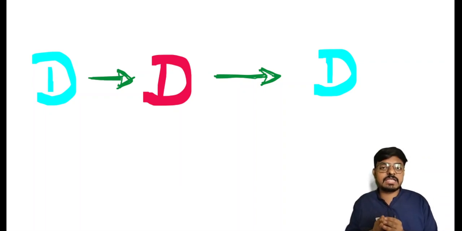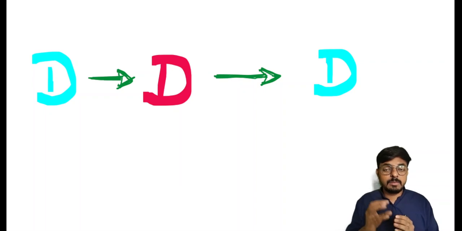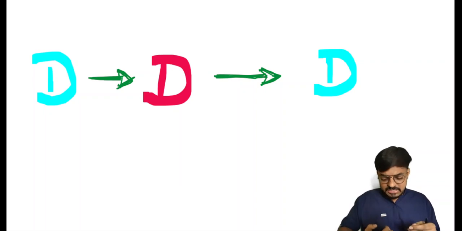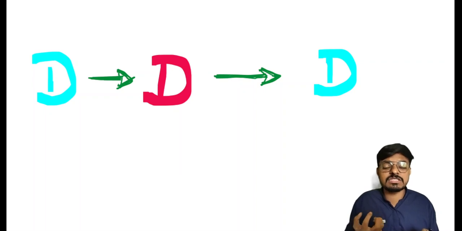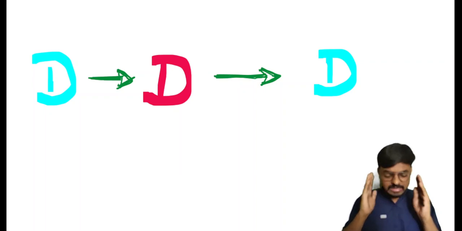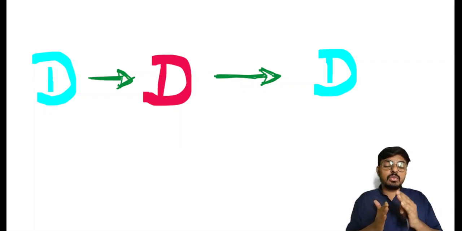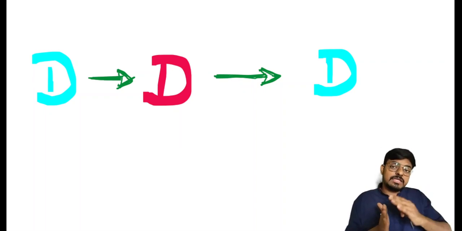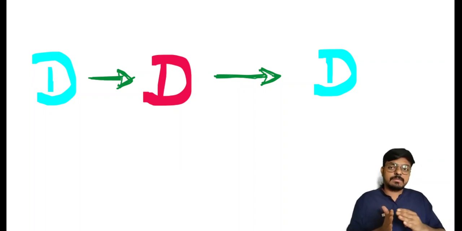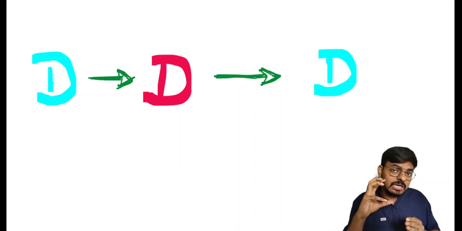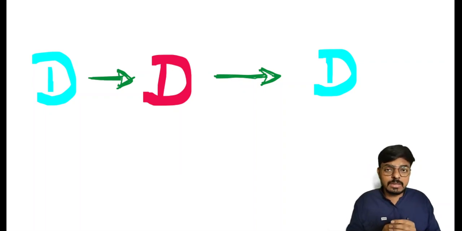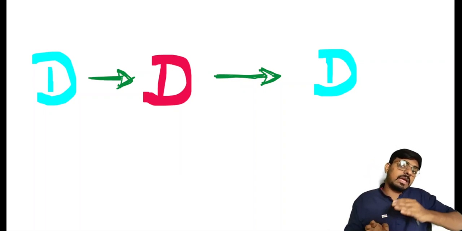What does the first D stand for, what does the second D stand for, and what does the third D stand for? The first D stands for desire, meaning the internal craving. You should and must have some desire in life, some clear-cut goal. Where do you want to see yourself after 5 years, 4 years, 3 years, 2 years? You should have that clear picture in your mind, then only can you achieve something.